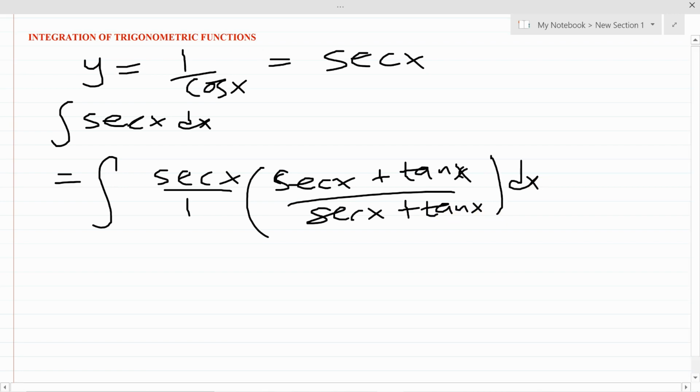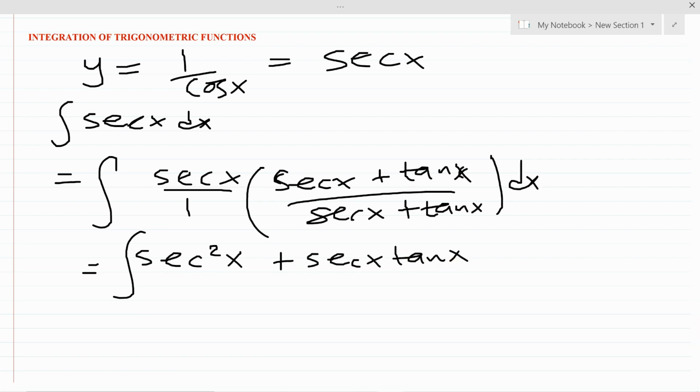Now this will give me the integral of sec squared x plus sec x tan x, over sec x plus tan x, dx.